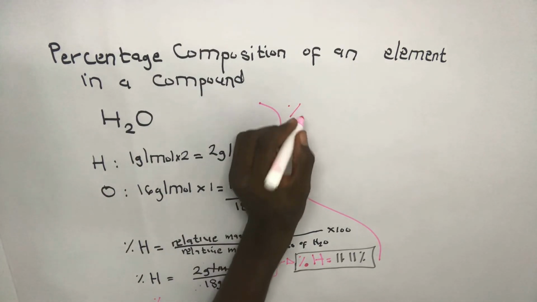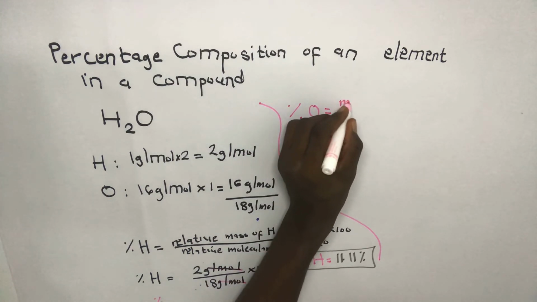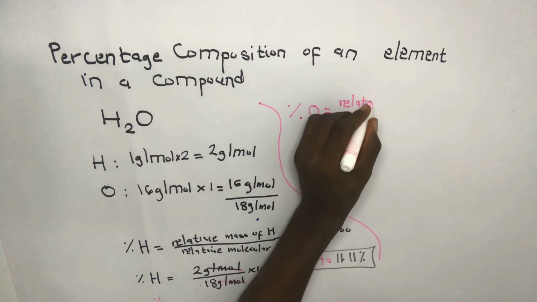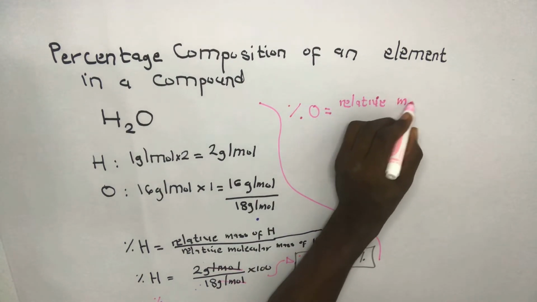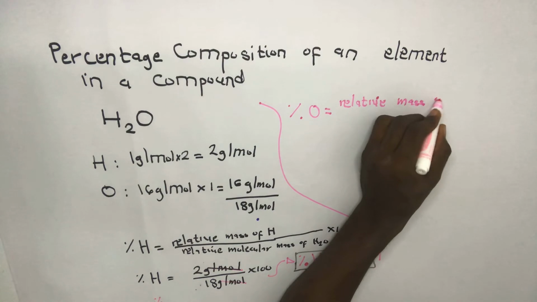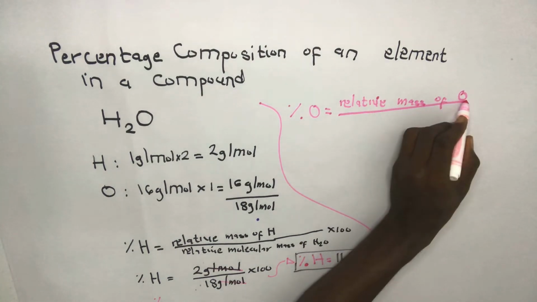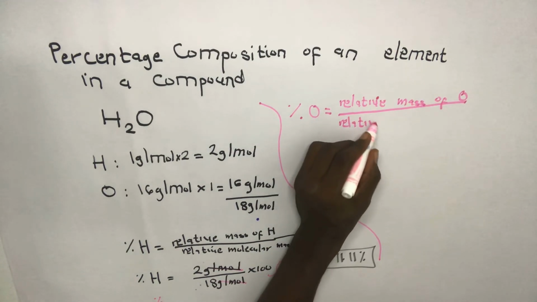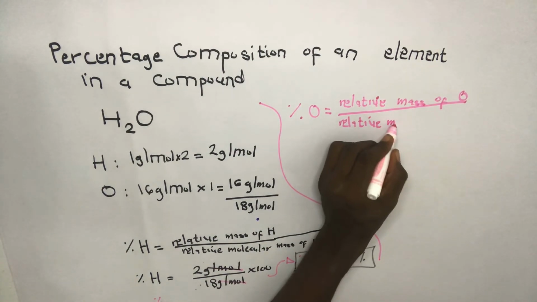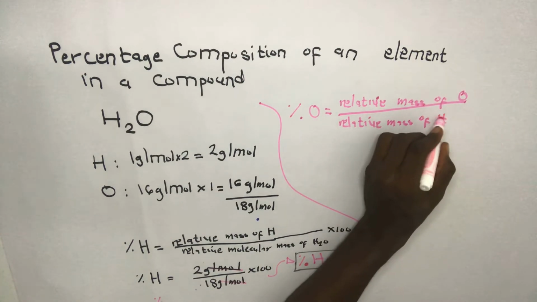The percent of oxygen is equal to the relative mass of oxygen, all divided by the relative mass of water, times 100.